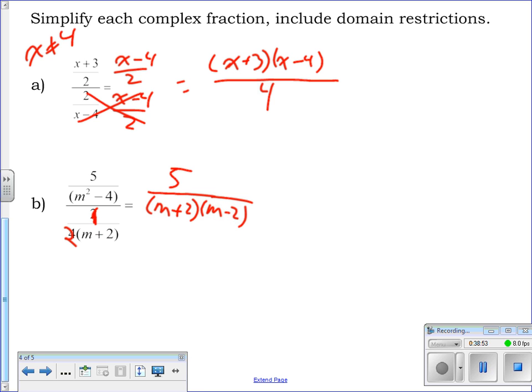What are my domain restrictions? What can m not be? Yeah, 2 and negative 2, plus or minus 2. So this is my original numerator. What do I need to do? I need to invert and multiply.